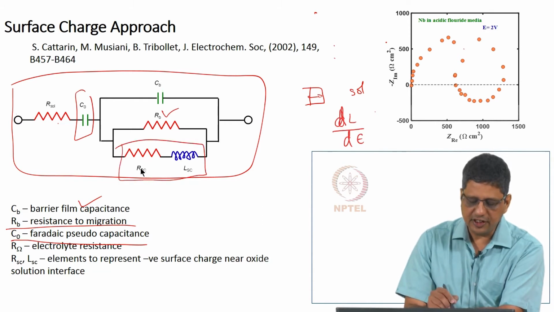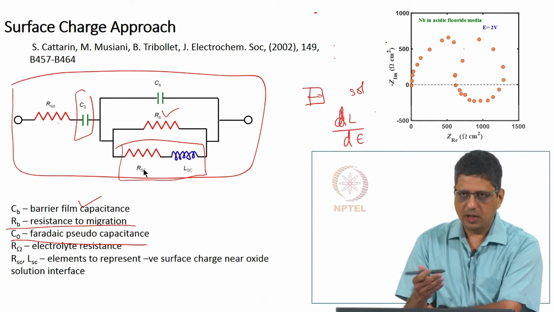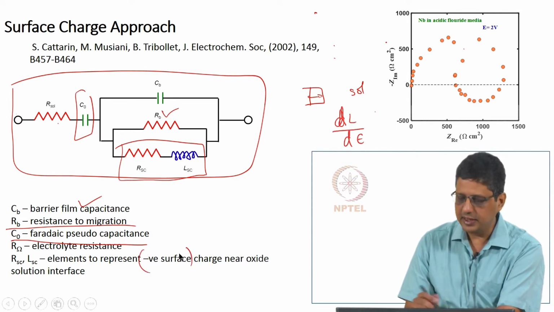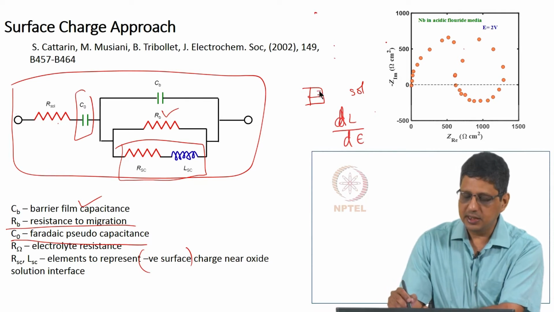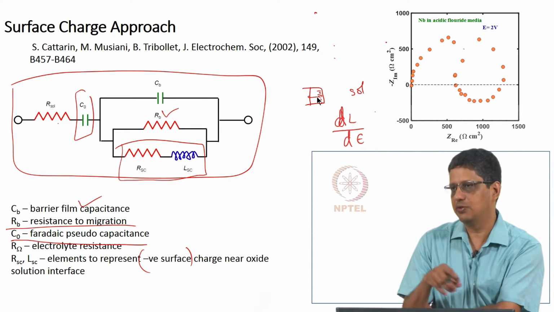This surface charge is given by the subscript Sc. This model predicts that you will have two elements, resistance and inductance, to represent the negative surface charge near the oxide solution interface, meaning near this place you have more cation vacancies, a lot of anions are present. So, you have more negative charge.